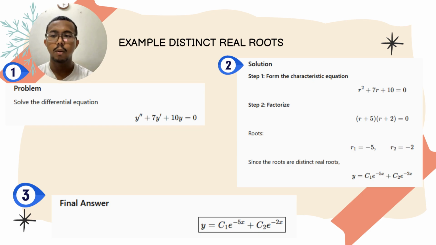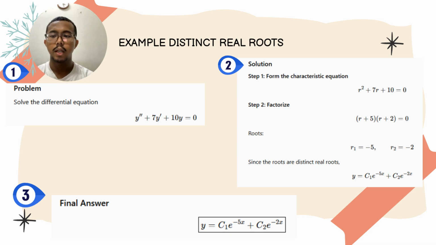Given the differential equation y double prime plus 7y prime plus 10y equals 0. First, we must form the characteristic equation, which is r squared plus 7r plus 10 equals 0. By factorizing, we obtain two different roots, which are negative 5 and negative 2.